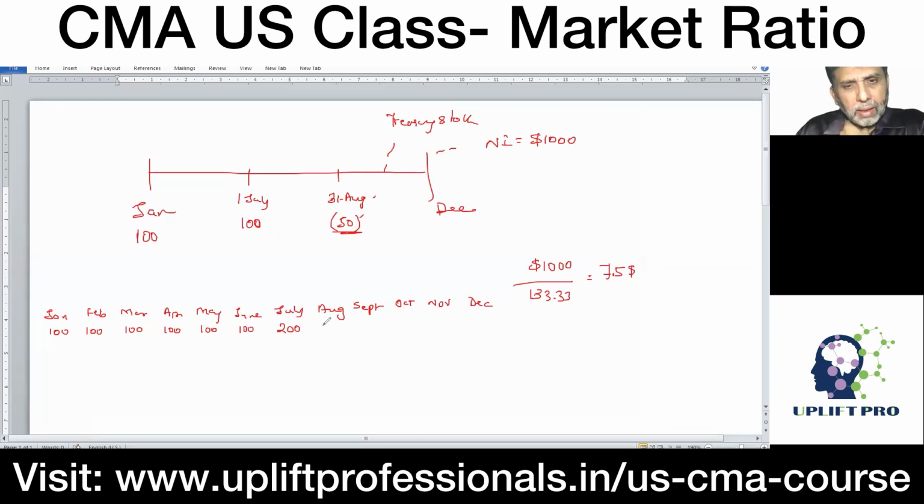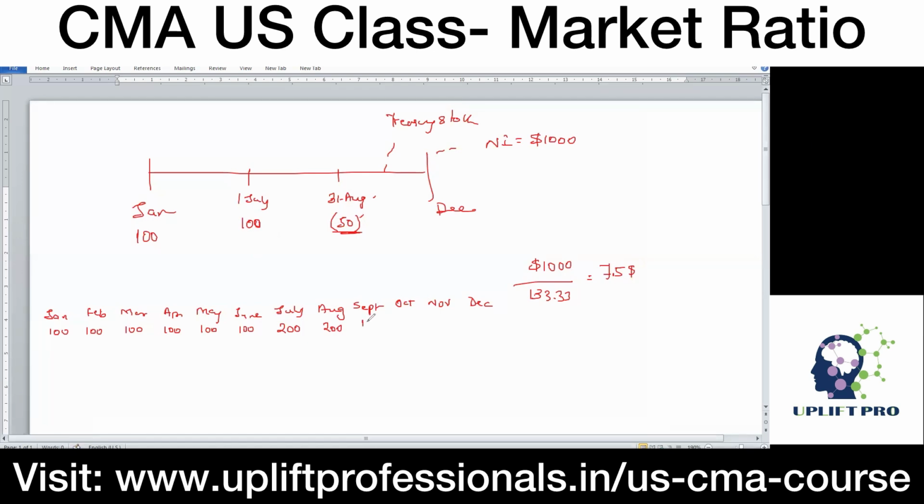You will have 200 in August also, because of the full month. But in September onwards, because on 31st of August you're buying back 50 shares, is it not? So from September onwards, how many shares are you going to have? 150.